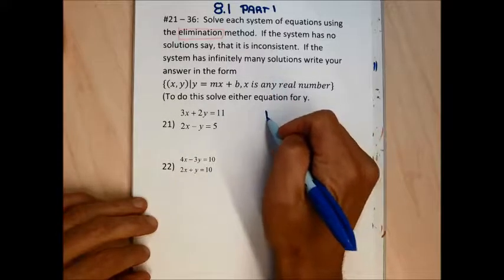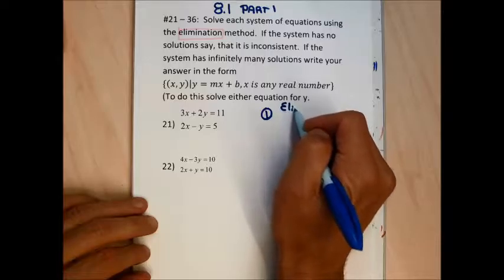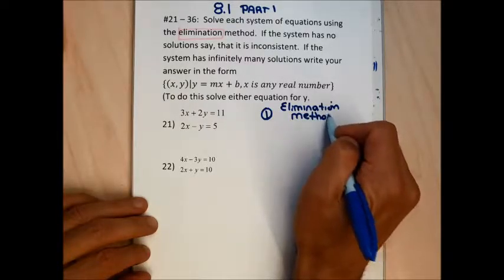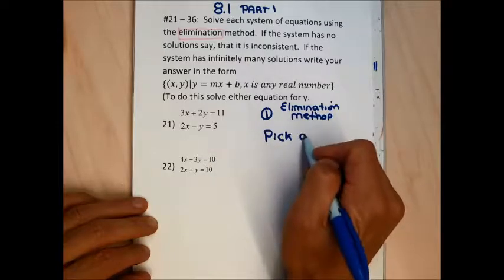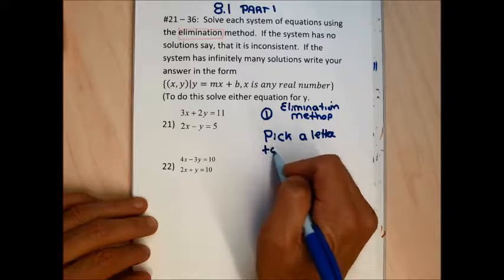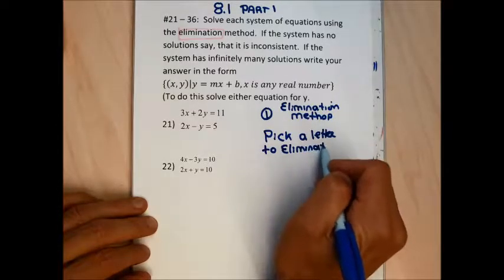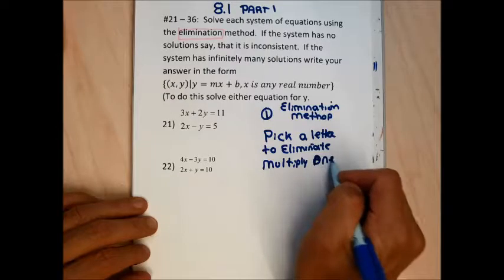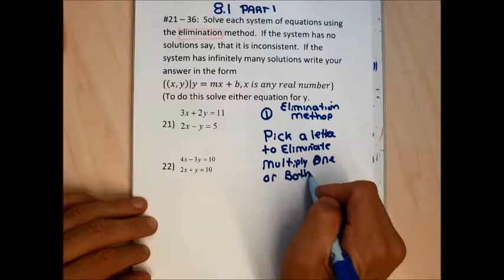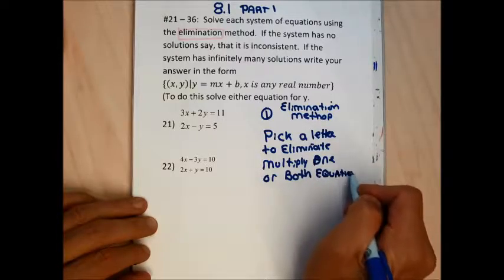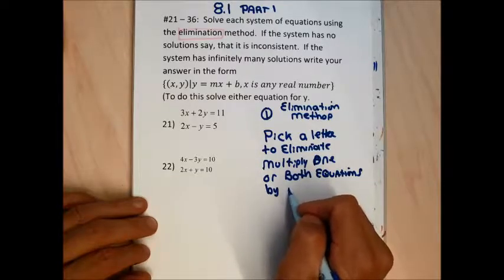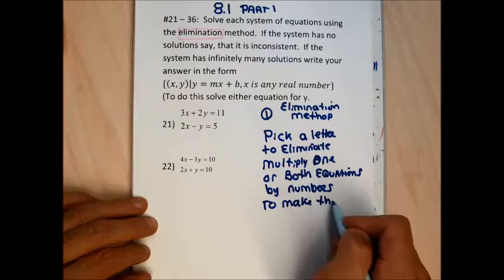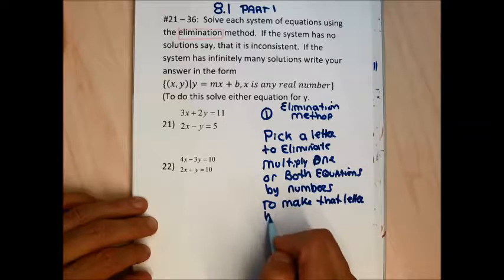So step 1 in the elimination method is to pick a letter to eliminate, and then multiply one or both equations by a number to make that letter have the same number with different signs in front of it.